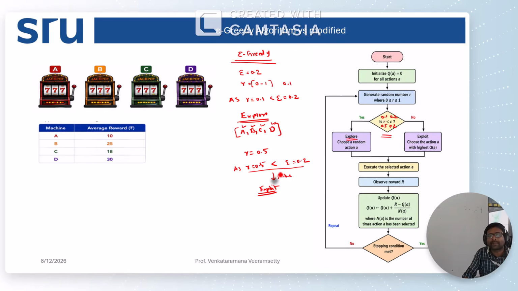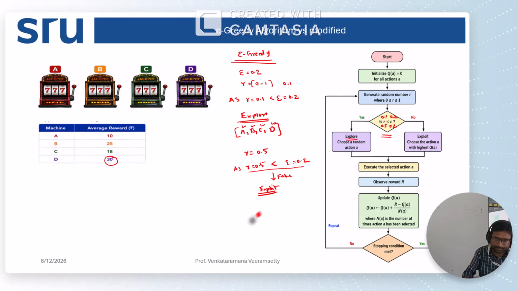In the exploitation stage, we play with the machine which gives the highest reward based on the previous returns. We choose a machine which gives the highest estimated reward value based on the earlier knowledge, based on the earlier rewards. So what is the estimated average reward we are getting?